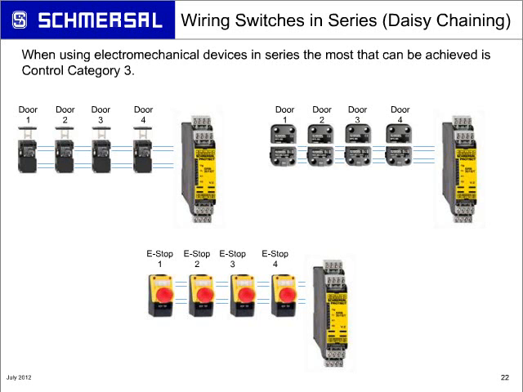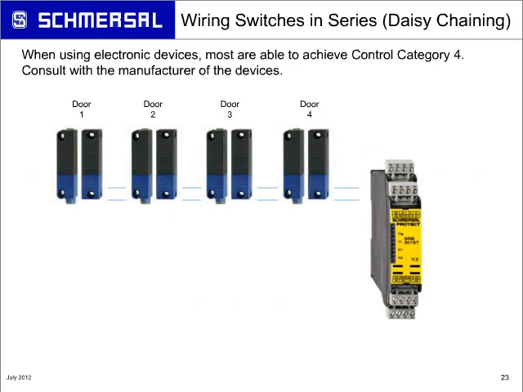Not to say that you cannot achieve a Control Category 4 with a single safety monitoring relay, but in the last several years, safety switch technology has advanced. You can get from manufacturers now more electronic style switches where each switch does its own cross-short monitoring and its own check from one to the next.